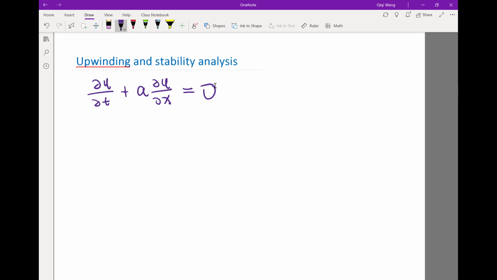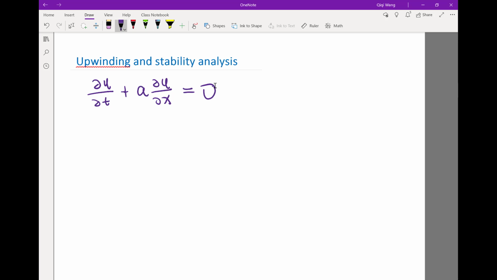And we have analyzed mathematically, we have basically done the calculus to find the analytical solution to this equation. And particularly when we have periodic boundary conditions, the solution just keeps moving either towards the right if a is greater than 0, or keeps moving towards the left if a is less than 0, without changing the shape, right?